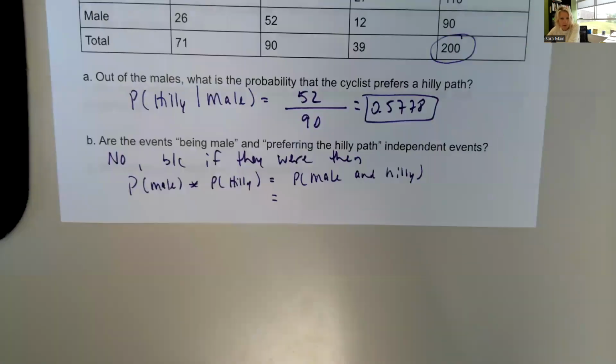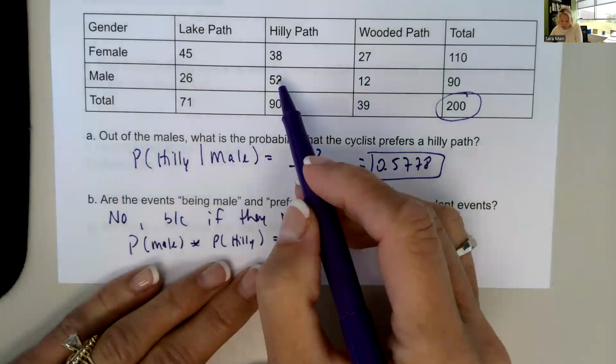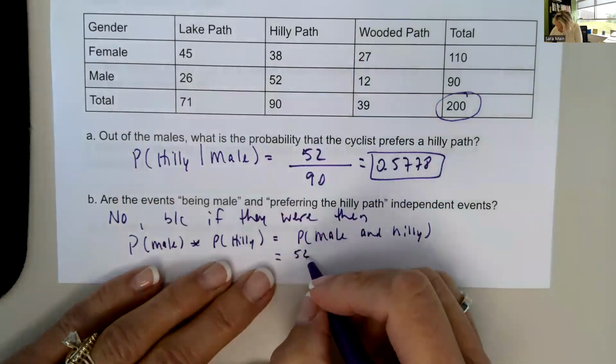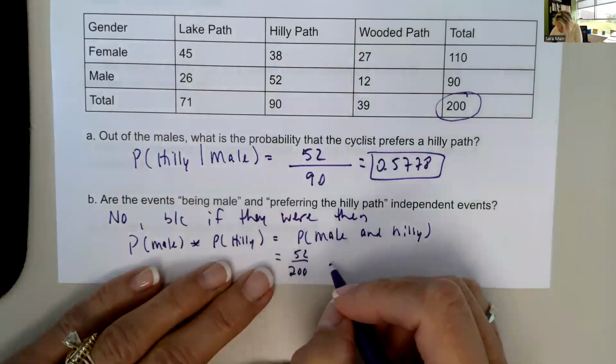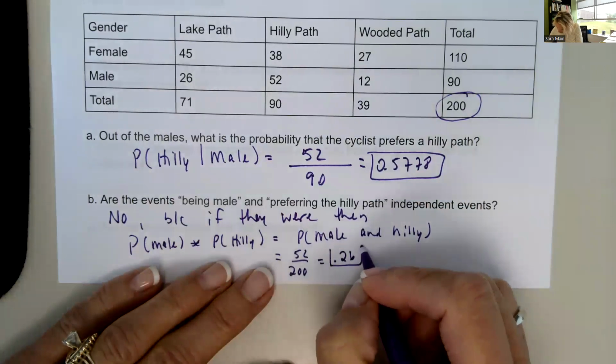We know the male and hilly is 52 out of the 200, or 0.26.